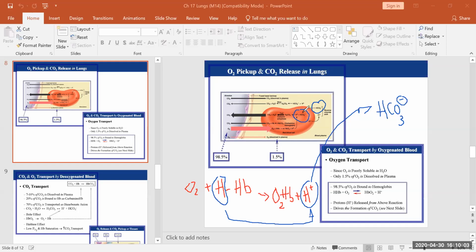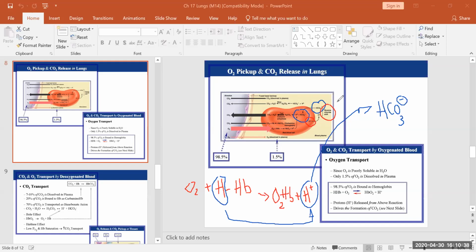So if the entire cell gains a negative charge because of the entry of the negatively charged bicarbonate, then the cell will exchange by losing chloride out to the blood plasma. So it gains a negative charge, it loses that negative charge to keep it neutral. And that concept, we call that reverse chloride shift.